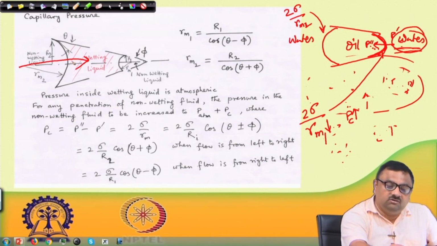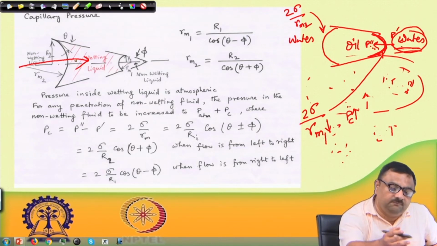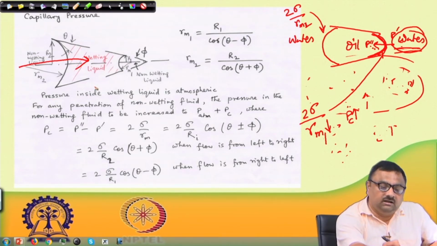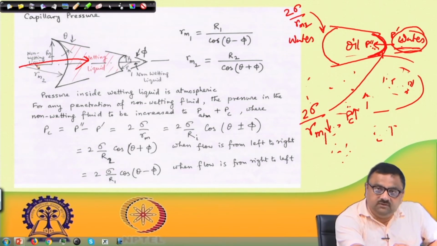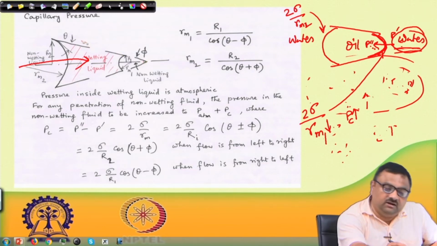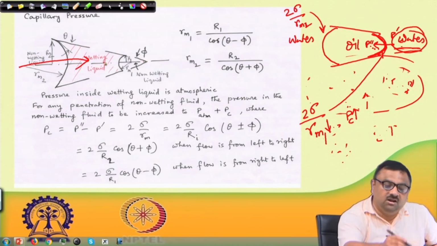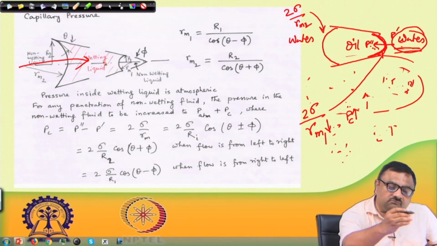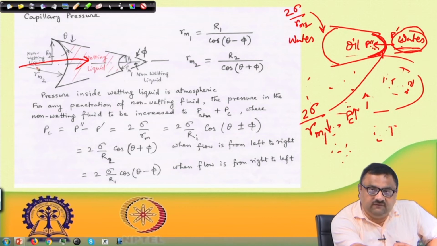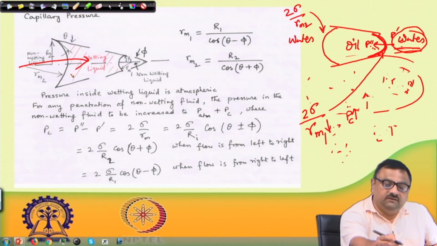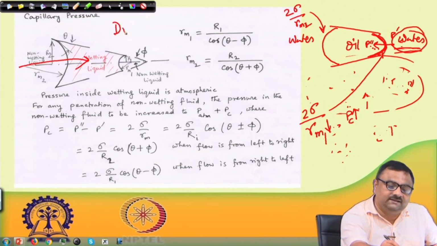So, generally when we think of a pore containing, let us say water, and we are putting the oil to displace the wetting fluid, or in general terms, we have a wetting phase present in the pore and a non-wetting phase is pushed into the pore, the process is known as drainage.